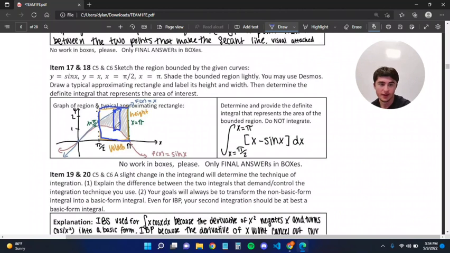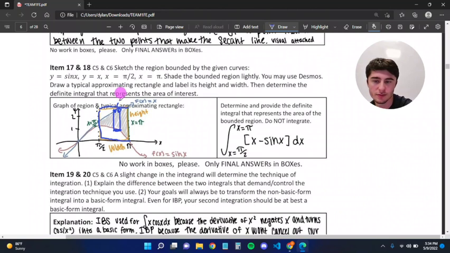Okay, so the approximating rectangle is actually supposed to be the sort of average area of a given rectangle within whatever change in x that we choose. For this one, this is going to be our change of x down here. It's our width. And then our height is just going to be the midpoint in between the two.